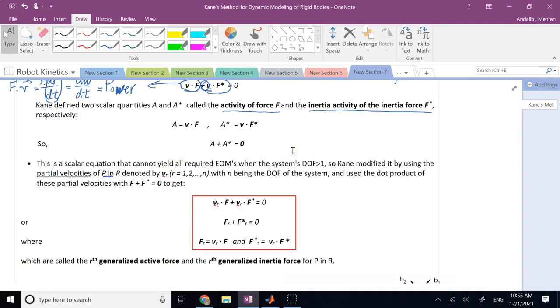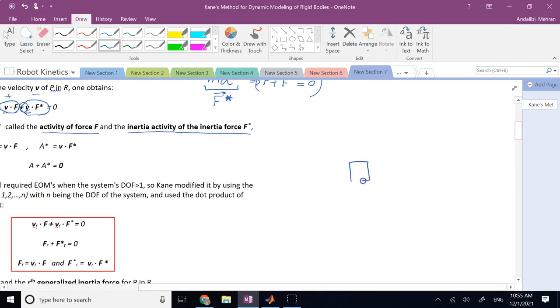With 1 degree of freedom, that's absolutely fine, because if I have a single particle here, let's say moving on a surface, and I have this external force F, and I have the friction here, let's say Fk equals mu k times n, and I also have n and mg, and this block is only moving in the x direction with position x or velocity v.